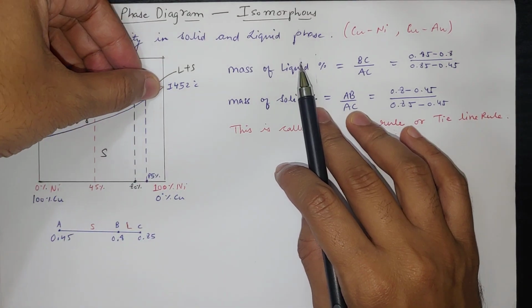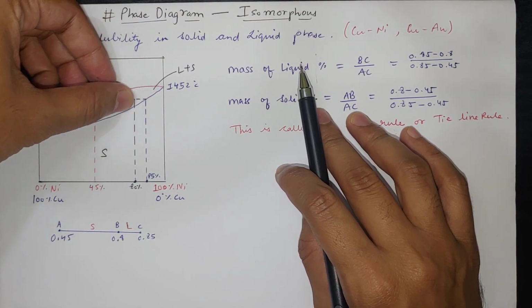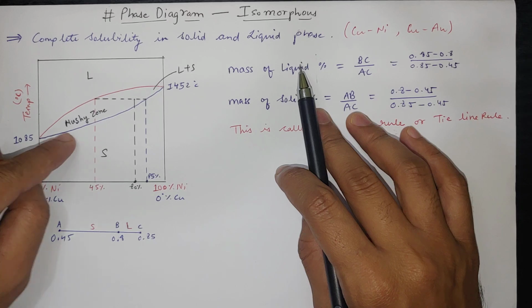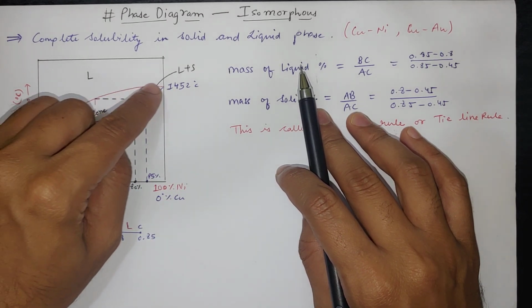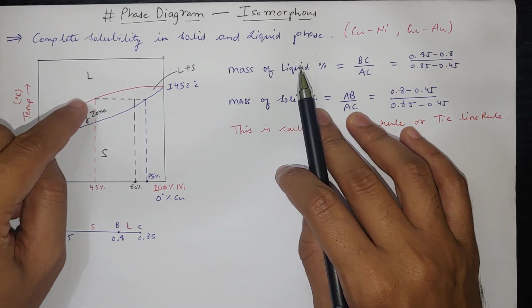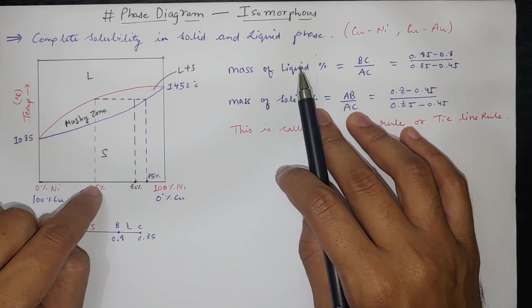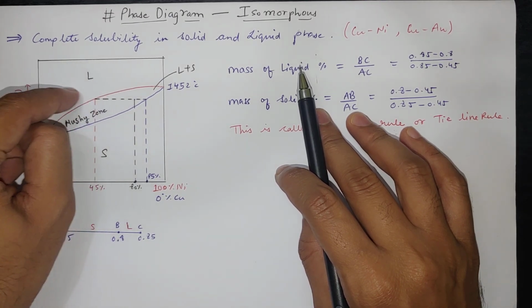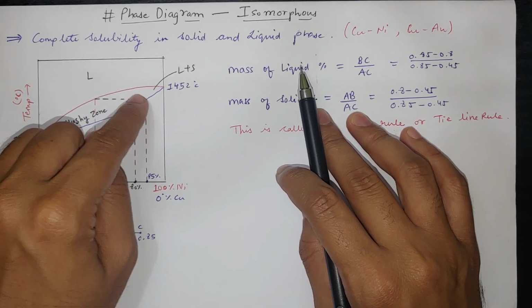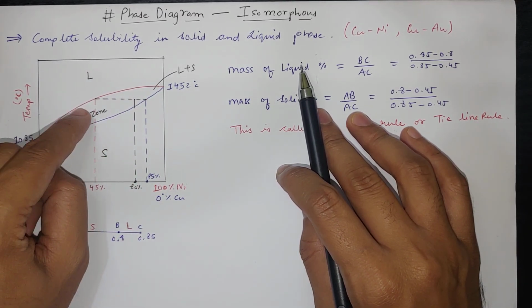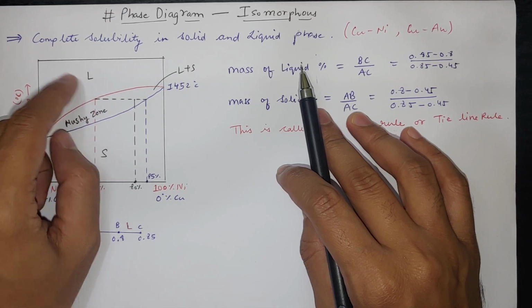On the solidus line, the mixture will be completely solid. It starts to melt until the liquidus line, which is this red color line, and after that temperature, for a particular composition, it will be in liquid state. So here it's a solid state, in between these two lines is the mushy zone, and above that it will be liquid.